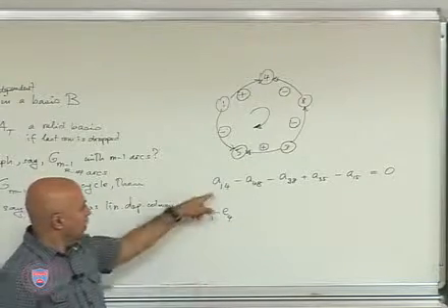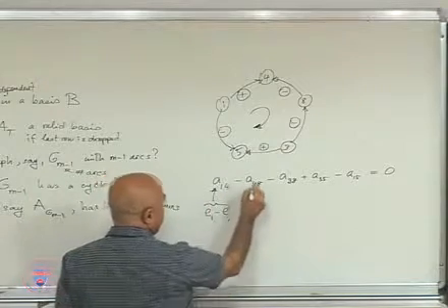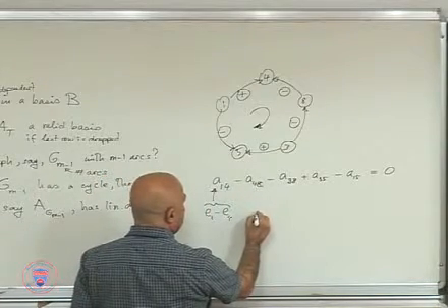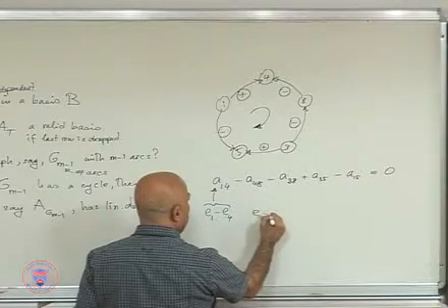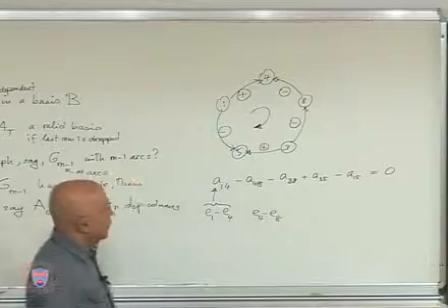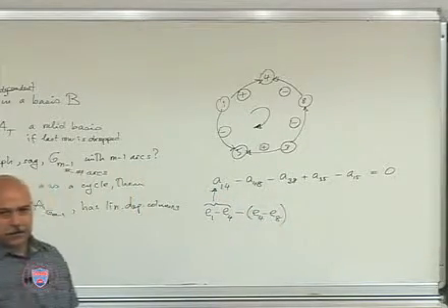Okay, so that's my A14. Now A48 is similar. It has E4 and E8, except that I have a minus sign, so this one shows up as a minus here.